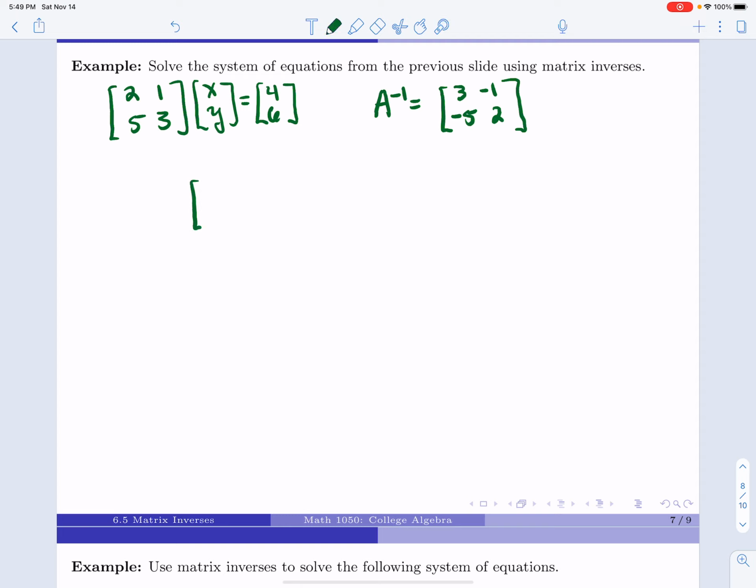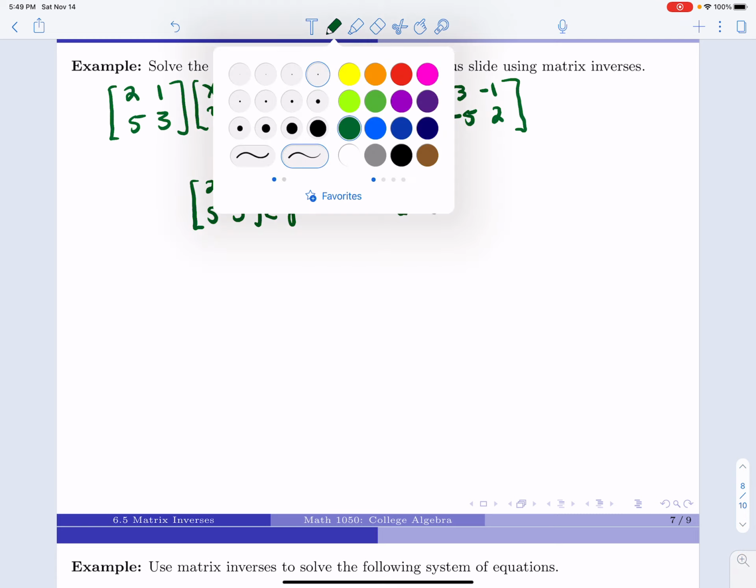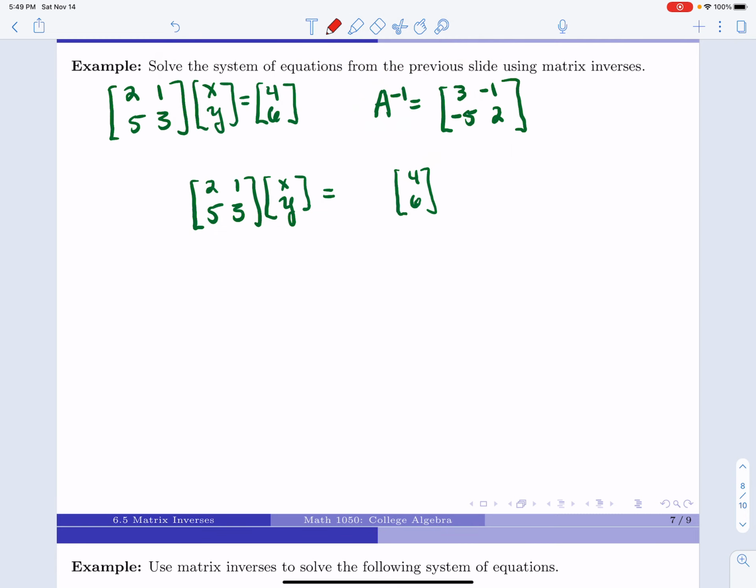Once again, we have our matrix equation, and we are multiplying on the left by our inverse matrix of A. What we do to one side, we do to the other.